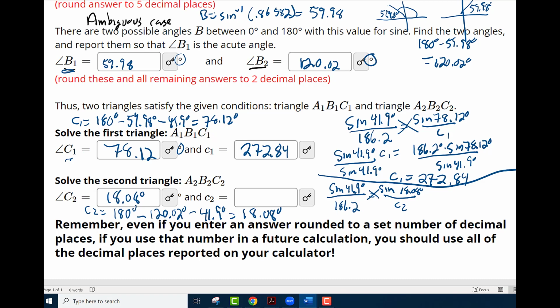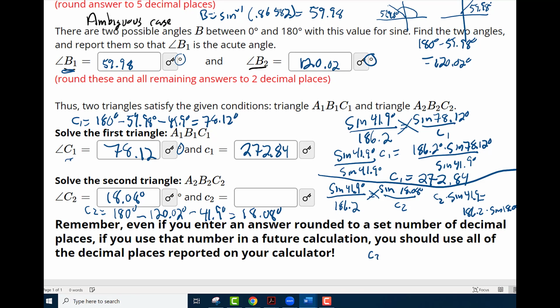So I'd have, make sure I stay within the screen boundary, C2 times sine 41.9 equals 186.2 times sine of 18.08.